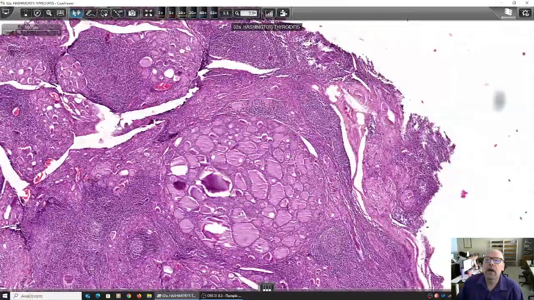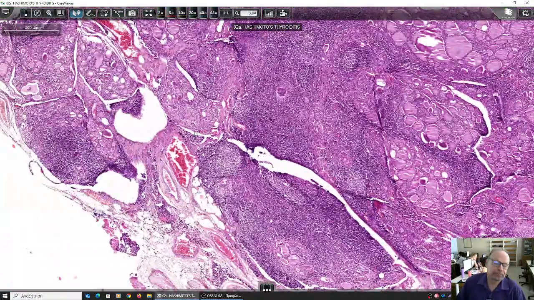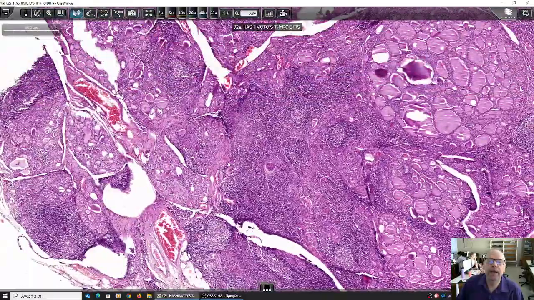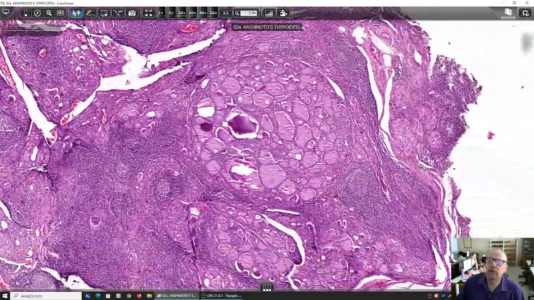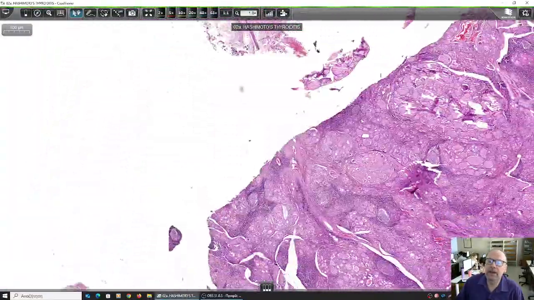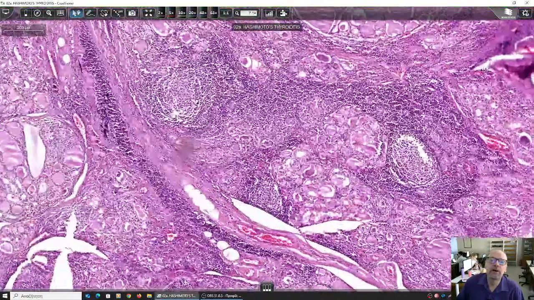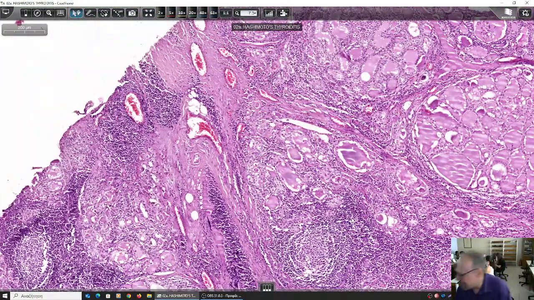And as time passes and the thyroid parenchyma becomes atrophic, what tissue do you expect to replace the thyroid parenchyma in the chronic phase of thyroiditis? Which tissue do you expect to become the major component of the thyroid?